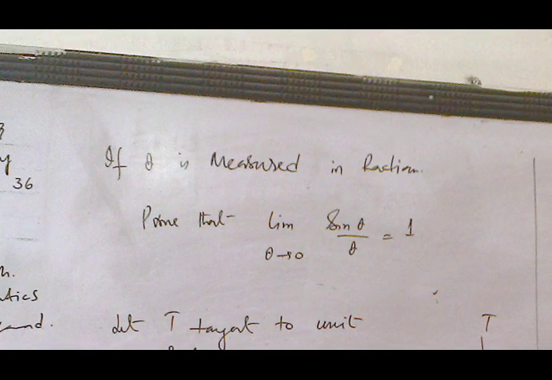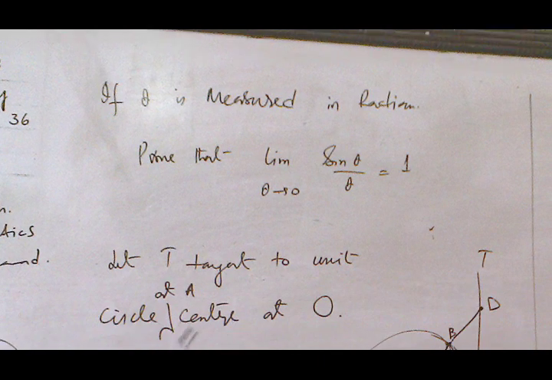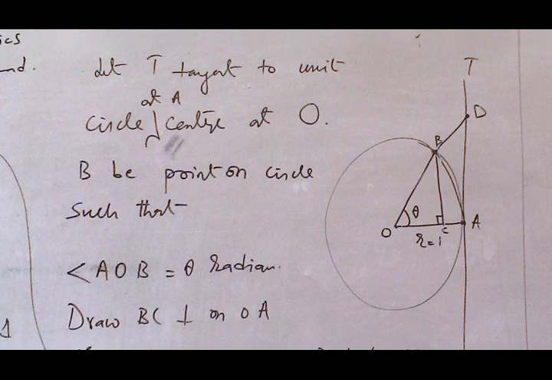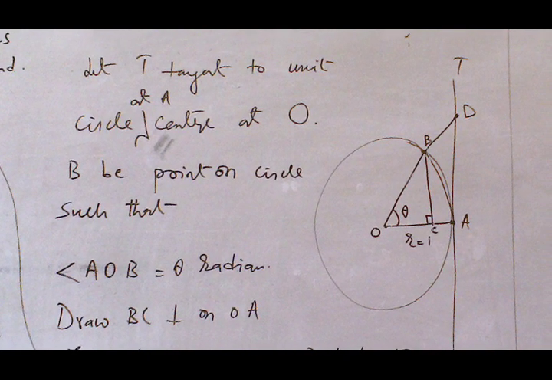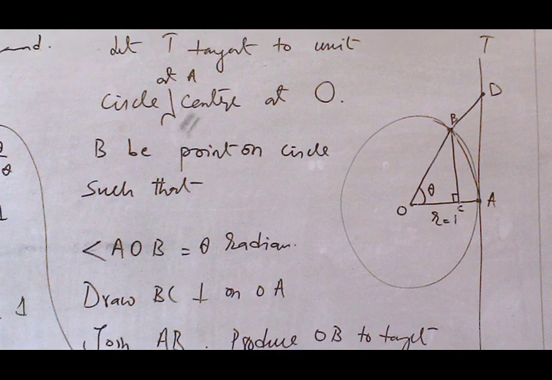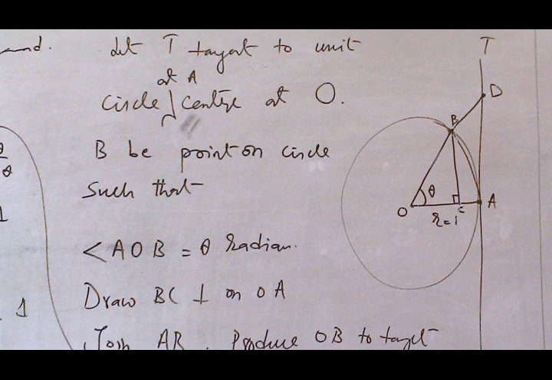Now here we prove sin theta over theta is equal to 1. Now we first draw the diagram. Here a line AD is tangent to the circle at point A. Center of the circle is O, and it is a unit circle of radius 1, and AOB is an acute angle with theta in radian.